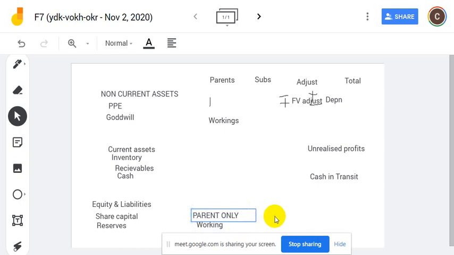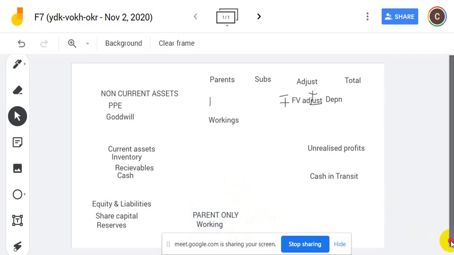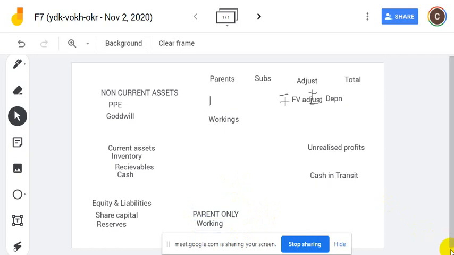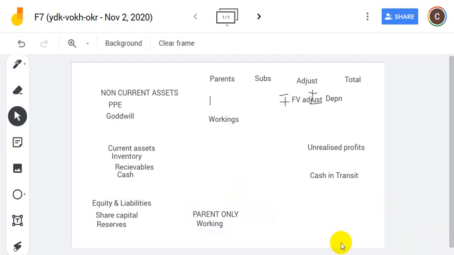That's where the figure will come from. If we have other things like other components of equity, they'll come there.